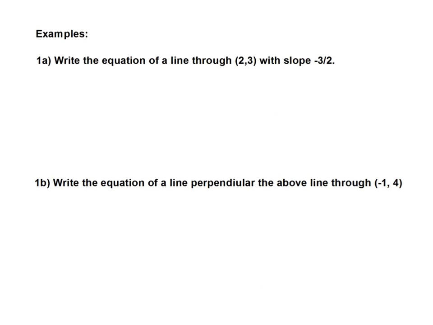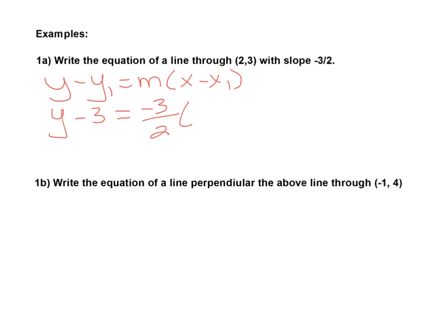All right, so let's do some examples where you need to write the equation of the line through (2, 3) with slope negative 3/2. We're going to use y minus y1 equals m times x minus x1, because it's a point and a slope, so we use point-slope form.